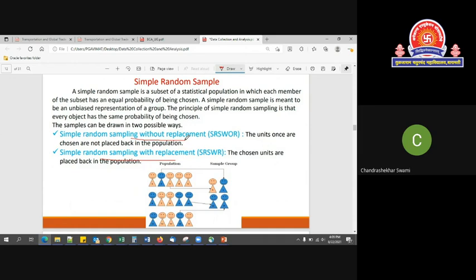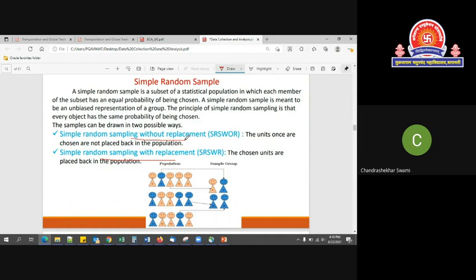After studying this bulb, I do not replace it back in the population. Without replacing it in the box, I select another bulb as a sample, without replacing the previous element. Such a sampling method is called simple random sampling without replacement.